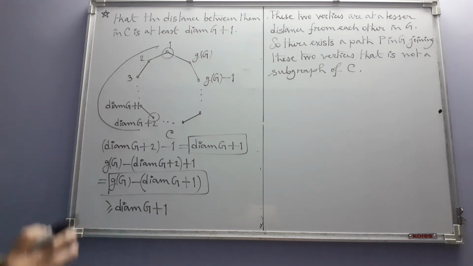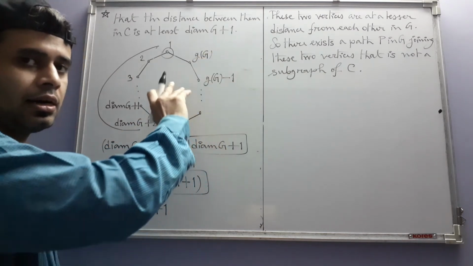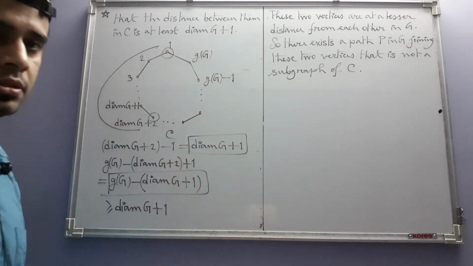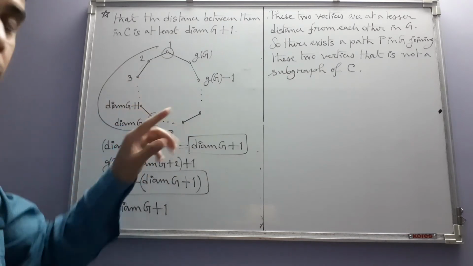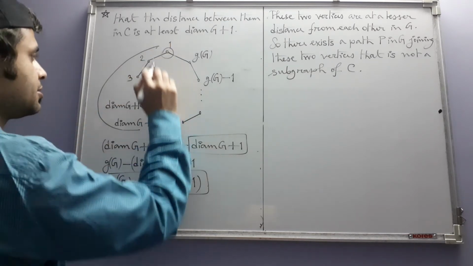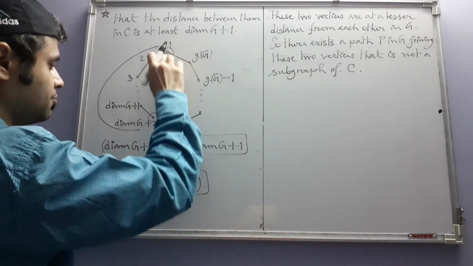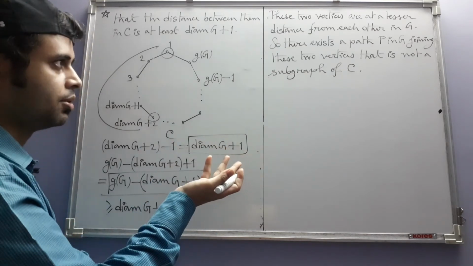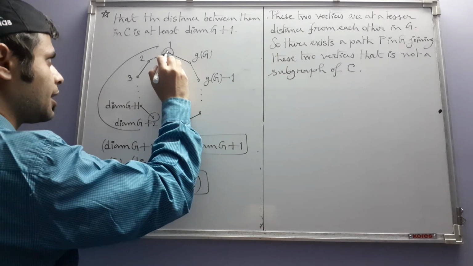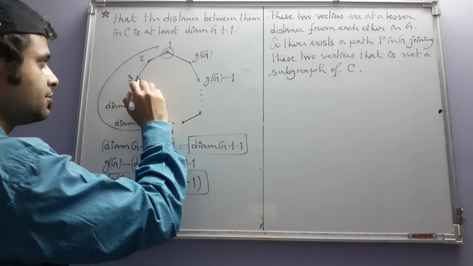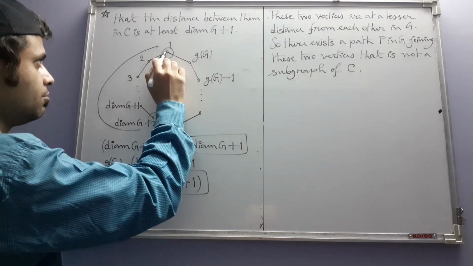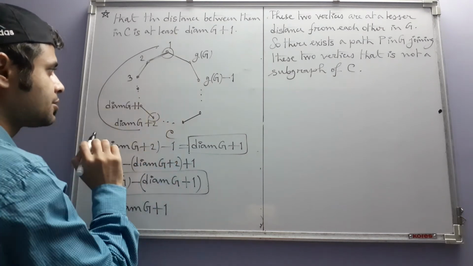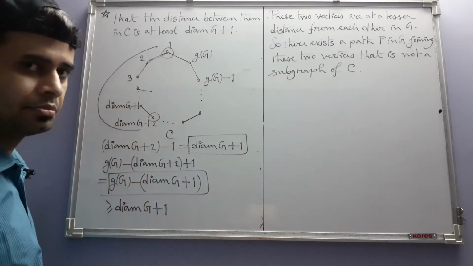That means even if parts of P are in C, at some point some vertices in P will go outside of C. For example, say the path between 1 and diameter of G plus 2, that is of length smaller than this that we are talking about, P starts from 1 and then it takes these vertices 1, 2 and 3, but at some stage here it goes outside.